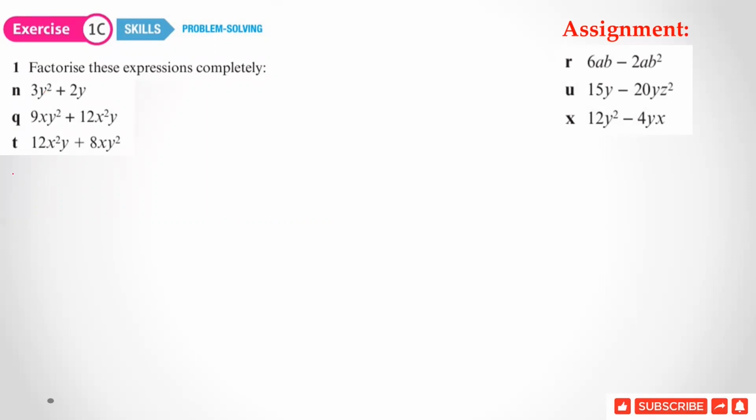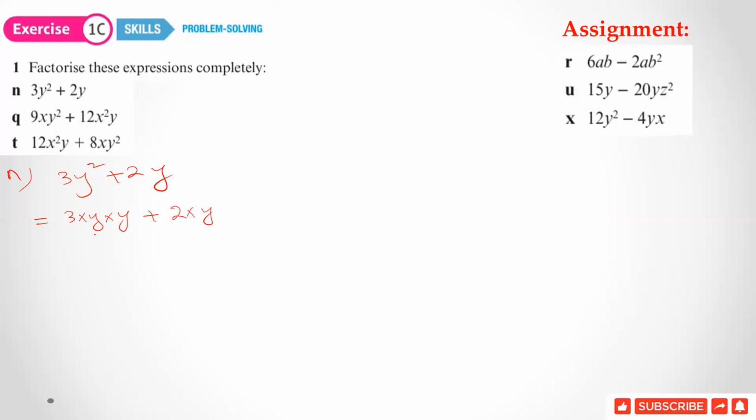So question N. 3y square plus 2y. First of all, we split them. 3y square means 3 times y, plus 2 times y. We check which variables or coefficients are common between these two terms.